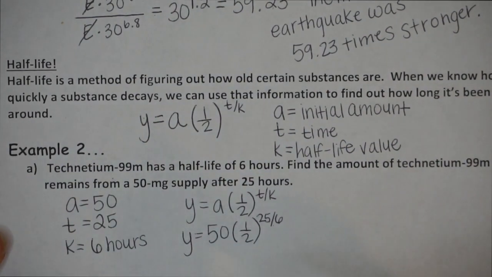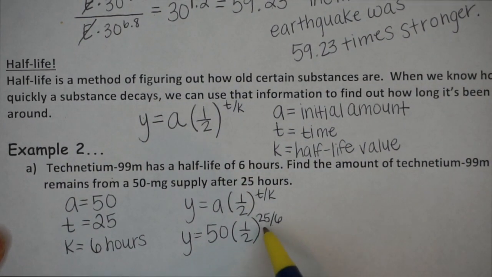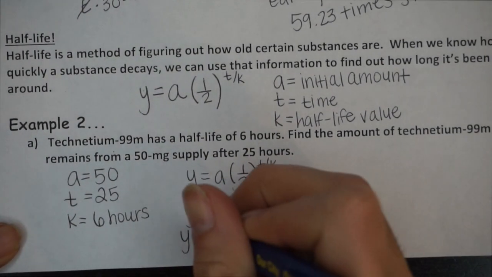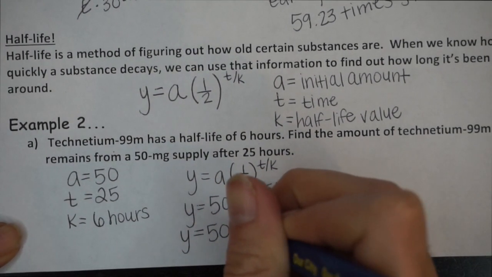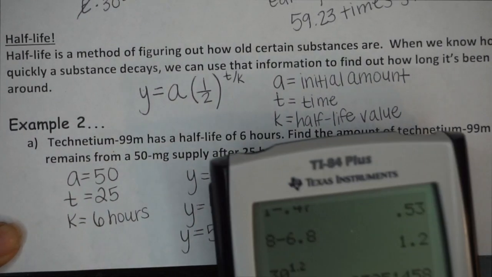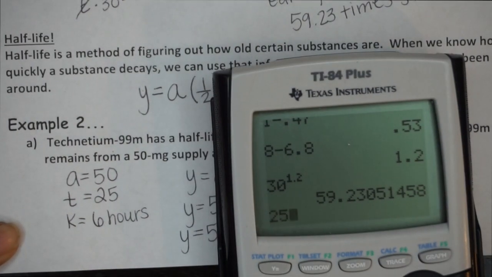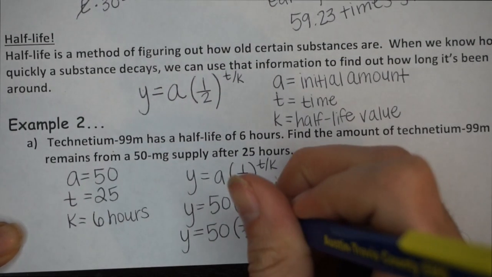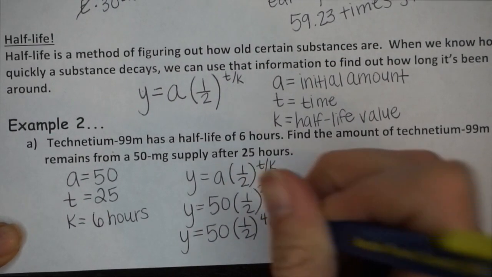All right, when I solve that, I'm going to go ahead and turn that into a decimal real quick. So y equals 50 times 1/2. If I do 25 divided by 6, that's like 4.167. All right, so that's to the power of 4.167.